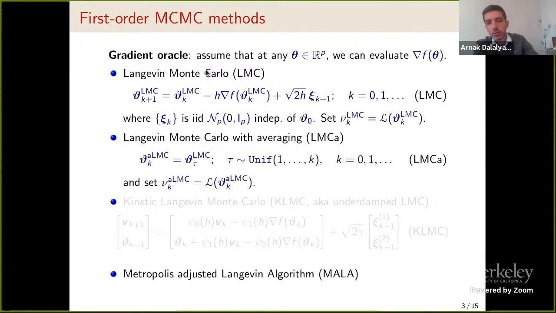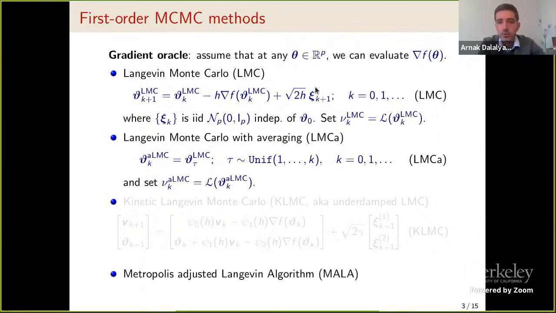H usually will denote the step size, so it will be a small parameter. K will be the number of iterations, and Xi will denote the random innovations that we are adding to the gradient descent in order to make it stochastic and to make it converge to a distribution instead of converging to the single point, which is the minimizer of f.